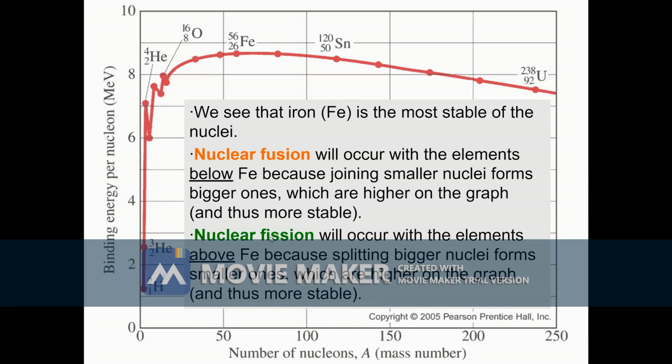This nuclear fusion, the formation of iron and nickel from smaller nuclei, is typical for the stars.